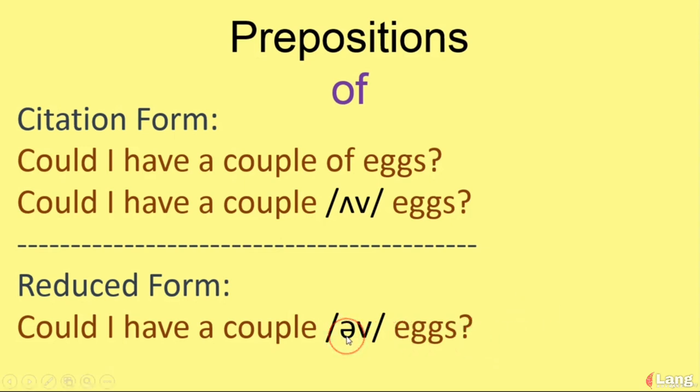However, there is still a change in that we're not saying uv but we're using the schwa sound, which is more of a uhv. However, when combined with couple, we say it quickly all together. Couple of.